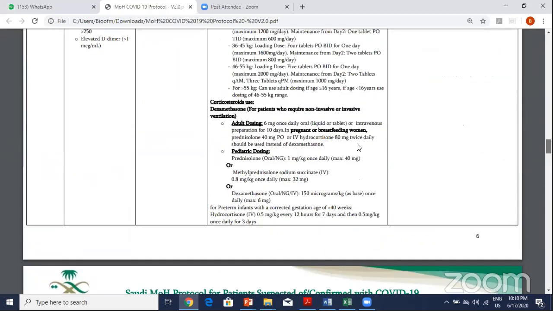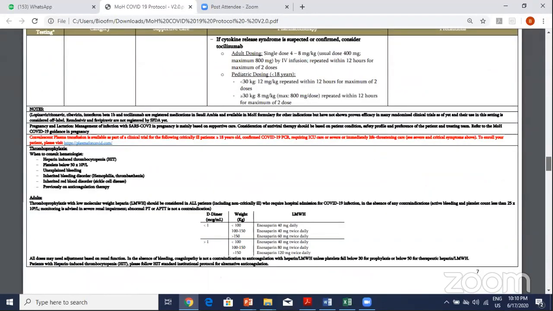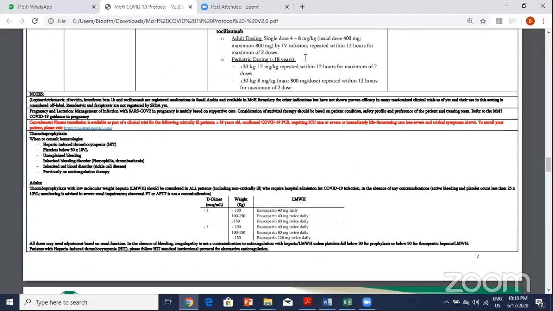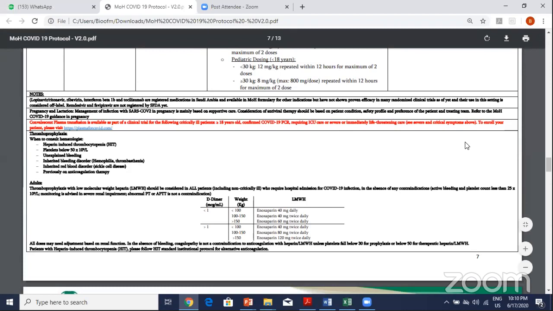Of course, we will use dexamethasone for those ventilated or in ARDS patients. But in ARDS, we are using higher doses than that because we are treating ARDS. But if only ventilated and respiratory symptoms, there's no ARDS, we are using 6 milligram once daily. If cytokine release syndrome, we are starting tocilizumab, maximum 2 doses.